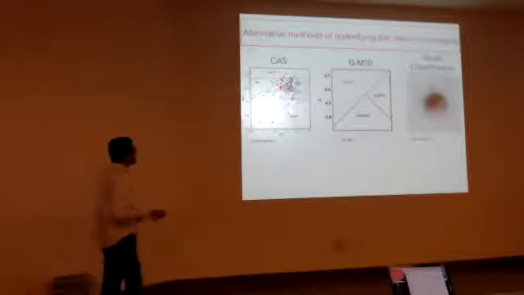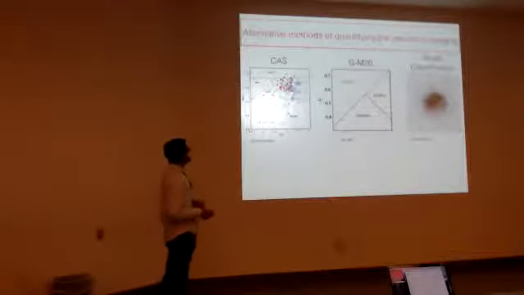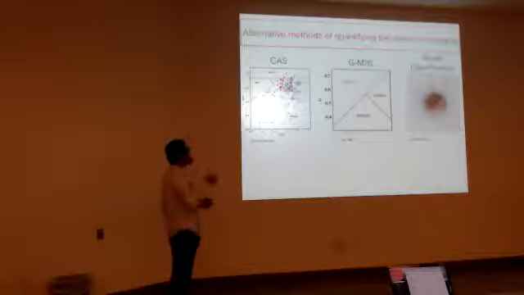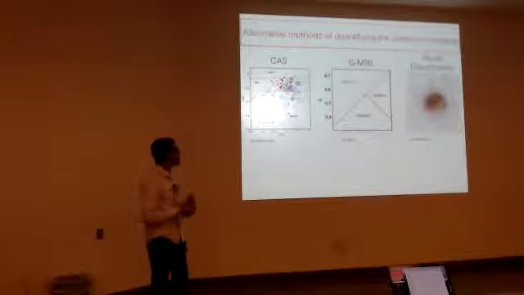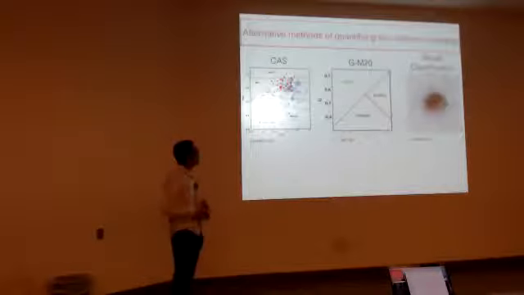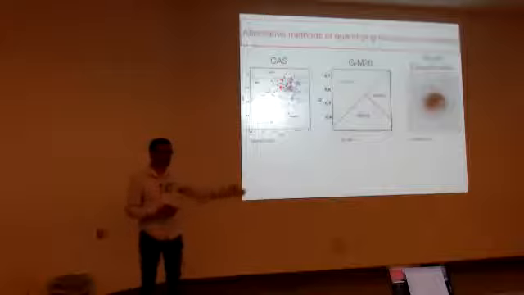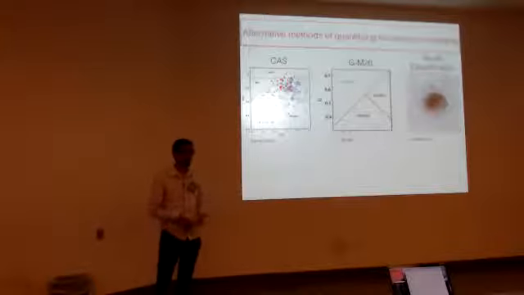So what are some alternative methods? Here are some examples in the literature that I could find that can actually isolate mergers according to their statistics. One is the CAS and Gini-M20 methods, which is a quantitative approach of isolating mergers, and the other straightforward method is to use visual classification. So you can look at an image and say if it looks like a merger or not.